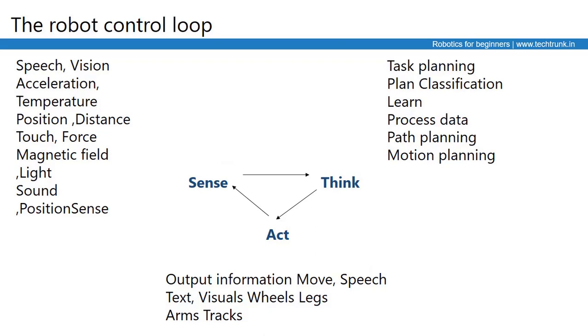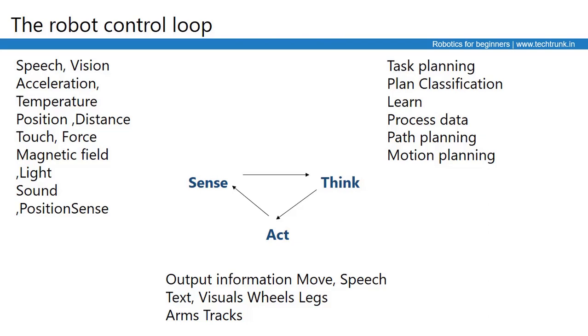Talking about the control structure of a robot, or the robot control loop: the robot needs to first sense the environment so that it can understand exactly how the world is right now, and where the robot, the machine, is in that world. For that it needs some sensing capability, both external and internal.